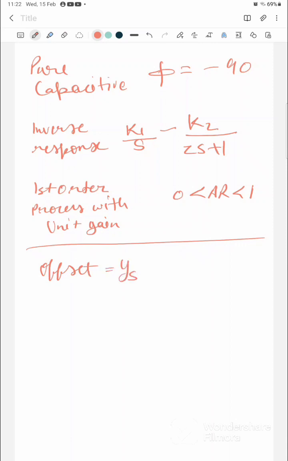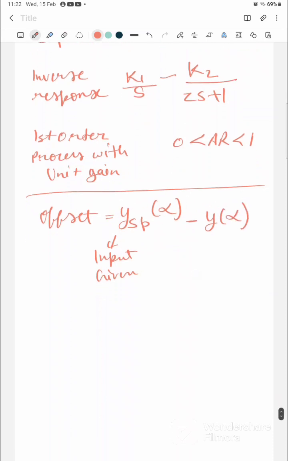Offset we can define as YSP at infinity, YSP is the input given, minus y at infinity.